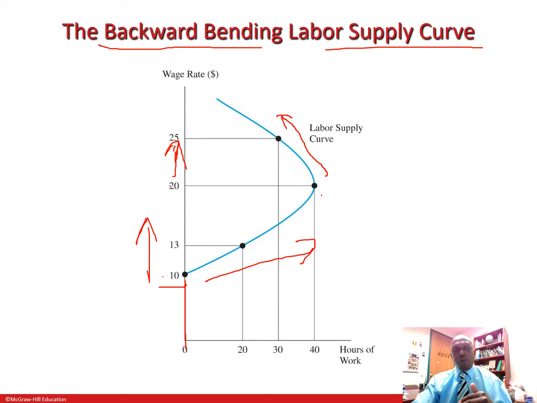So here from $10 to $20, the substitution effect dominates the income effect. At any wage rate above $20, the income effect starts to dominate the substitution effect. Therefore, this explains why the labor supply curve is backward bending.